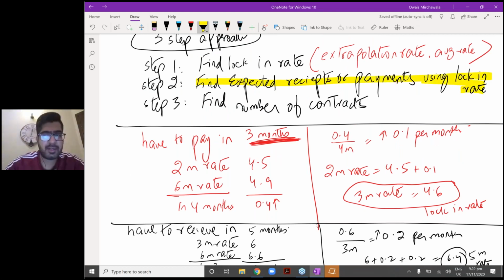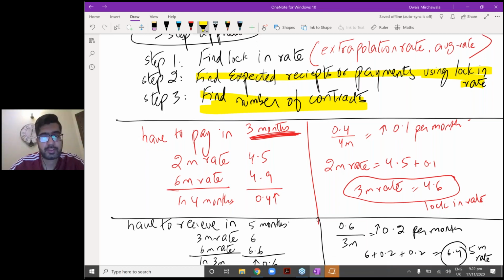Once you get your desired rate, the lock-in rate, you need to find your receipts or payments through it. And in the last step, you have to show the number of contracts. How these two steps are done, I will show you in the question. But at the moment, the first step is to find the average rate or lock-in rate. Then once you get the lock-in rate, you can use that to find the receipts or payments, and then you have to show the number of contracts.